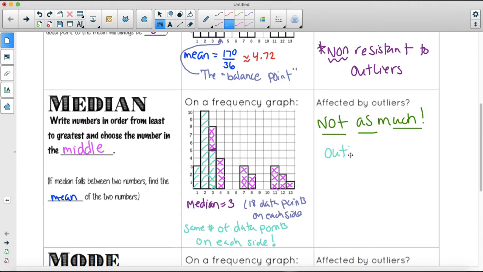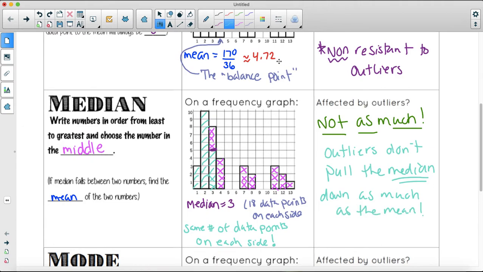So we can say the outliers don't pull the median down or up as much as the mean. What this means is that if the mean was non-resistant to outliers, then the median would be resistant to outliers because it's not as affected from the outliers.